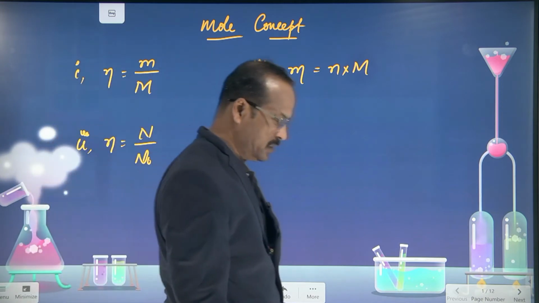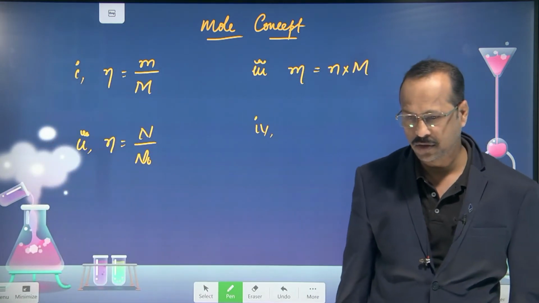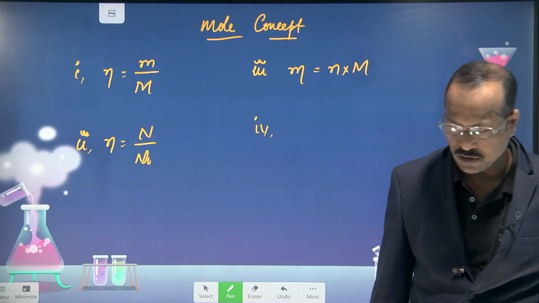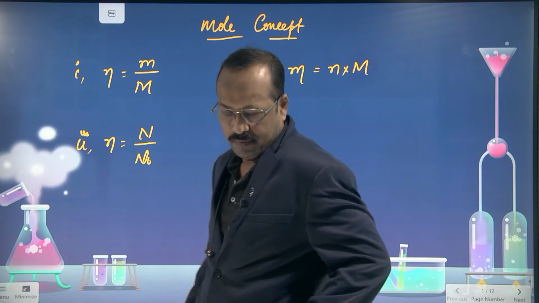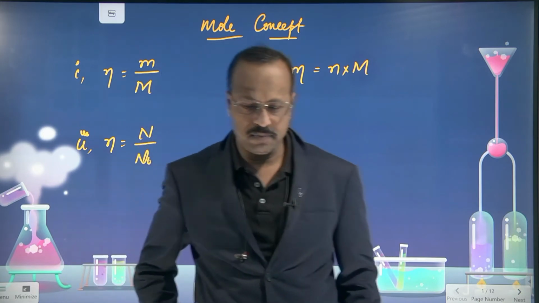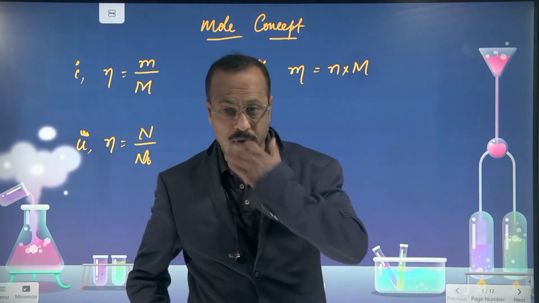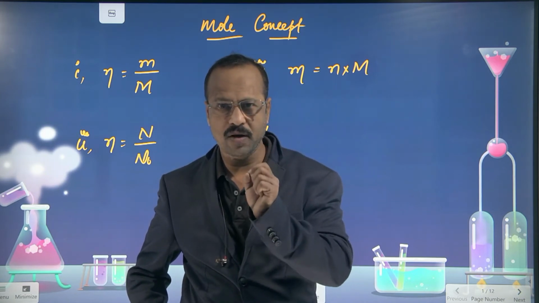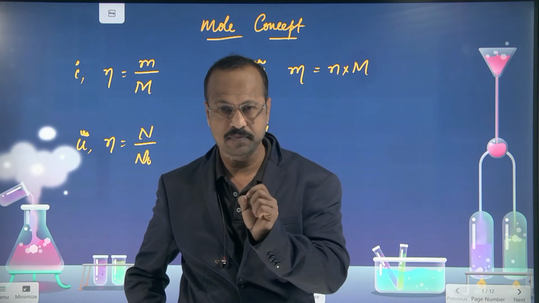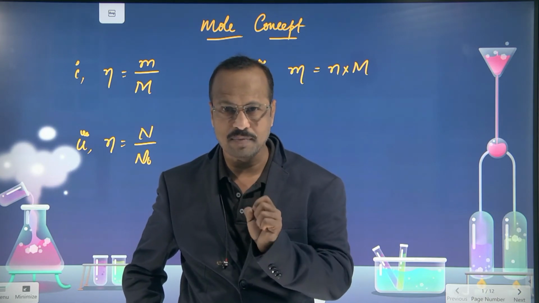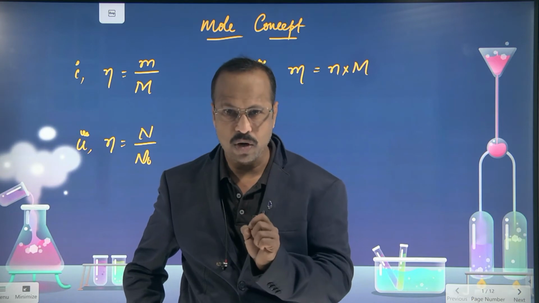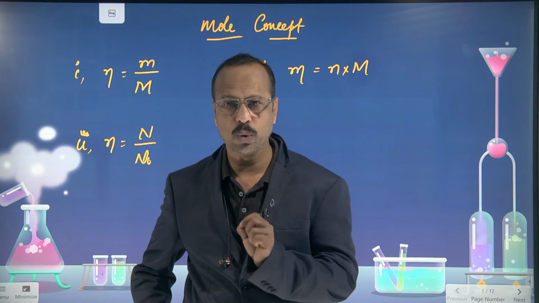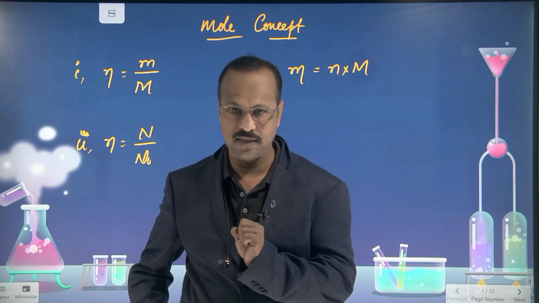In the last class, what we discussed is about the mole concept. Mole is nothing but a fixed number. The number of carbon atoms, C12 atoms, present in 12 grams of carbon is called 1 mole, and 1 mole is equal to 6.022 into 10 to the power of 23 entities.